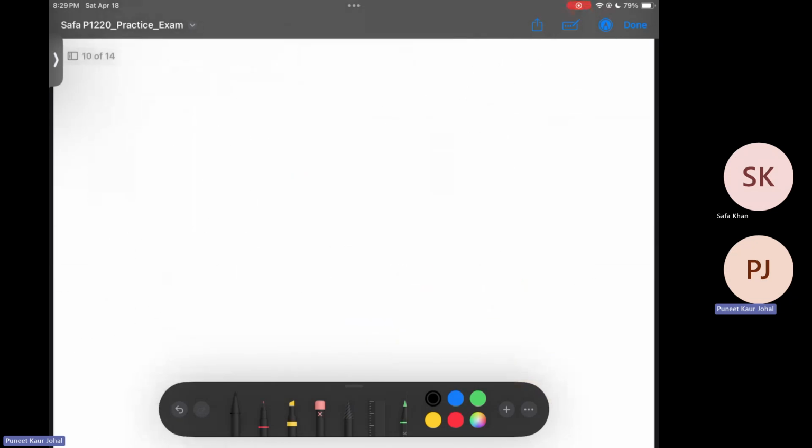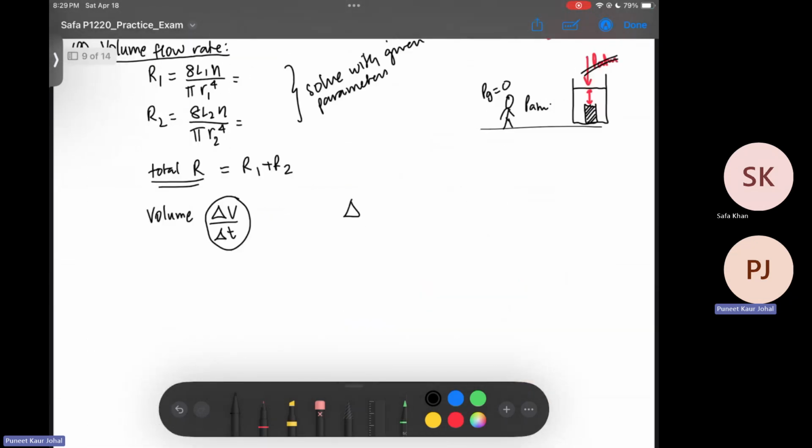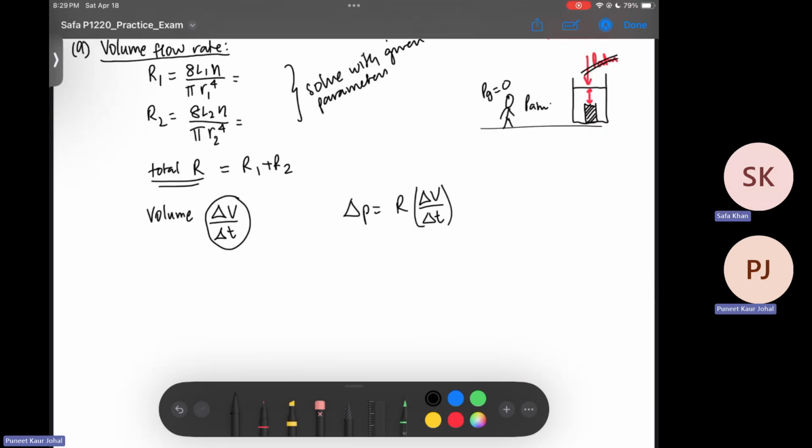In most of these questions, you will be able to navigate them just by looking at the formula sheet and how things are connecting.